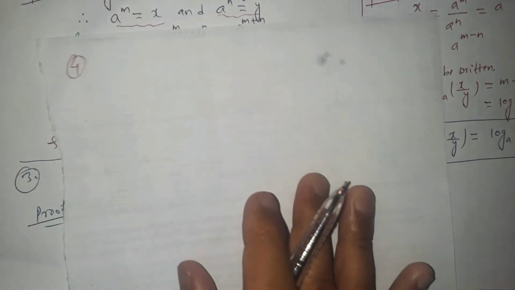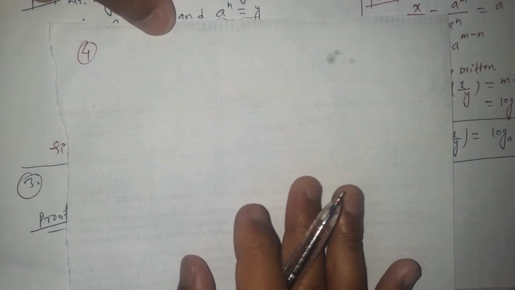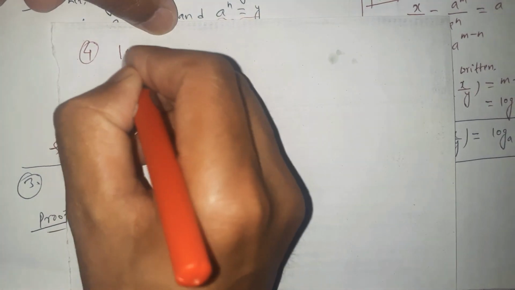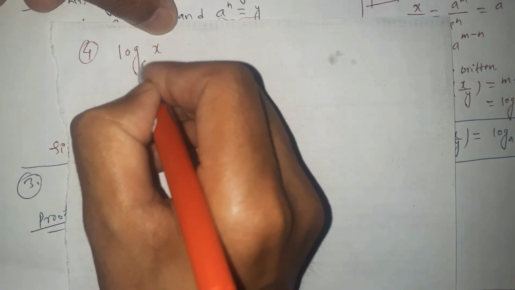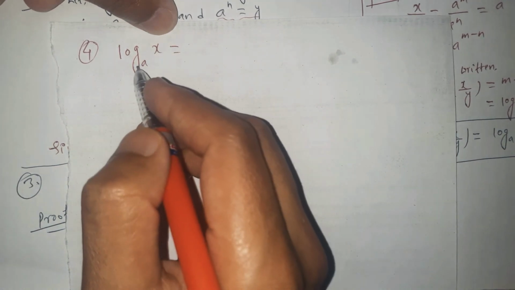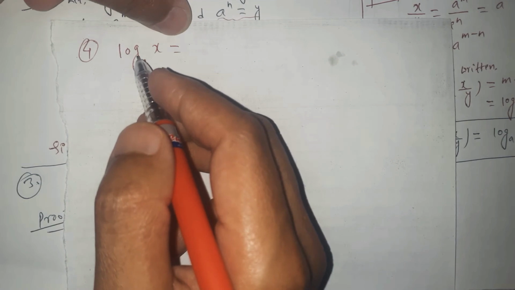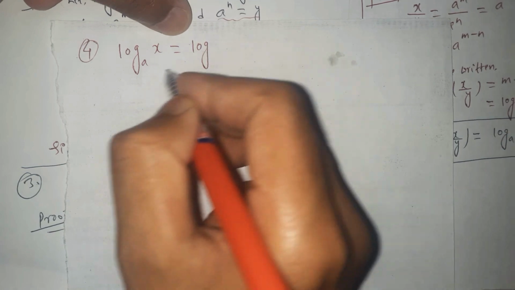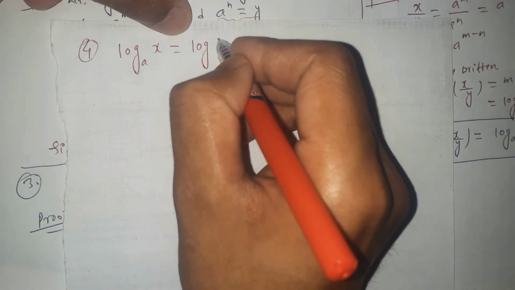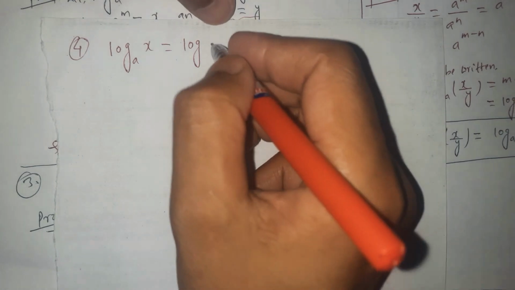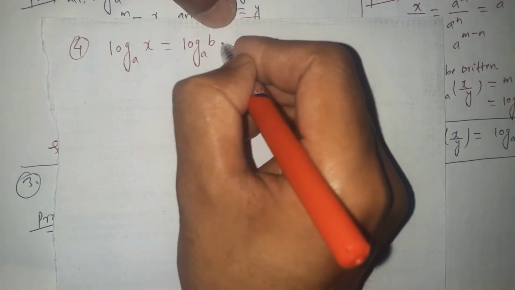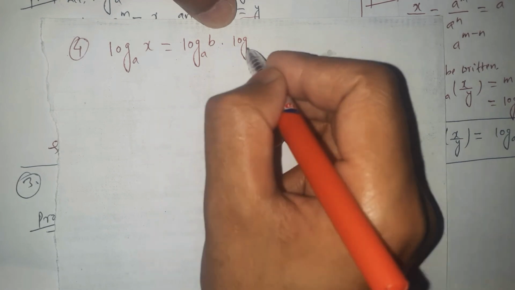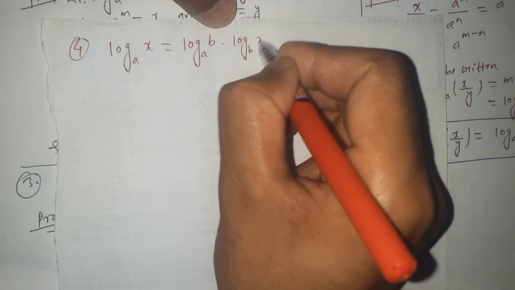Property number 4 of the logarithm is about the change of the base. We can write the log of x with base a by changing the base of the logarithm. This can be written as log of a number, let's say b, with base a times log of x with this base b.